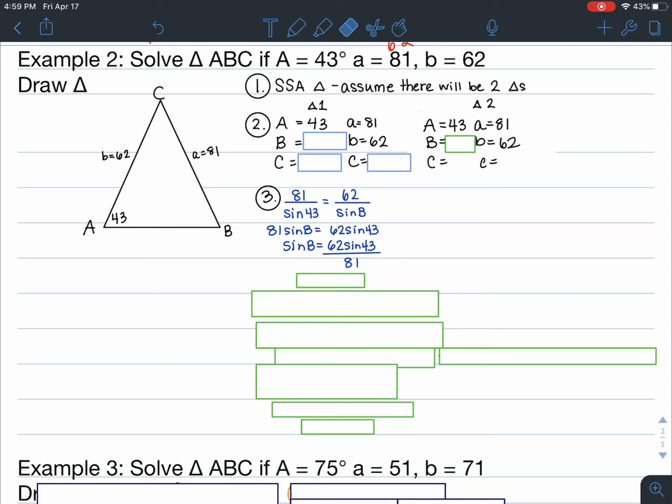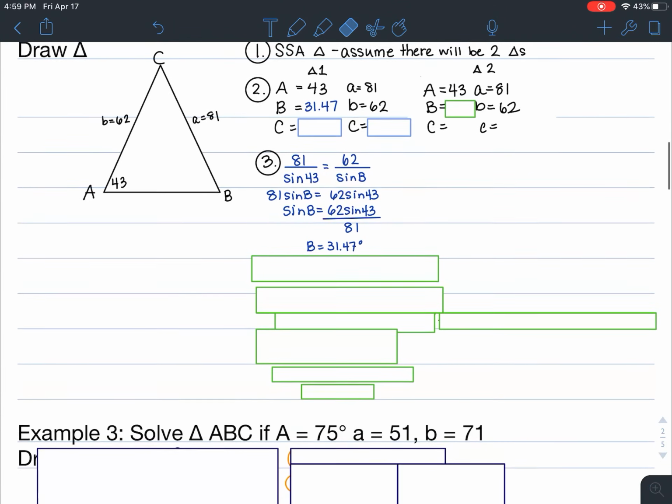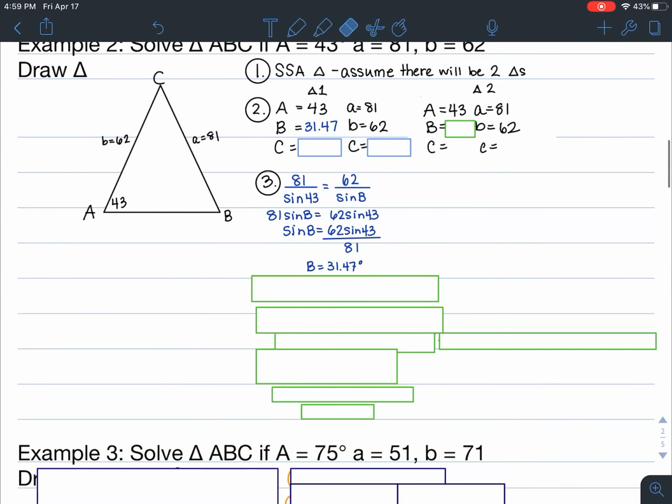You're going to divide by 81. And then you'll inverse sine this little guy on your calculator, and you'll get 31.47. Make sure that you are actually typing this in your calculator, okay? Don't just watch me without a pencil or something. So 31.47. But this is the step where you have to realize that there's another possible angle for B.